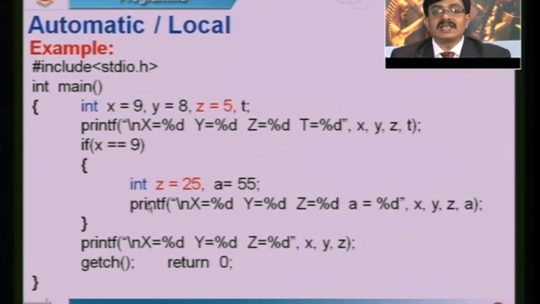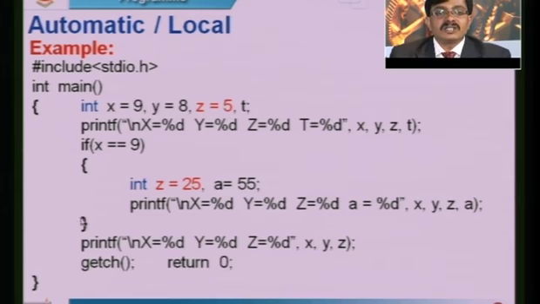This has higher priority than the block outside of it. I have also declared a variable a whose value is 55, so a will be printed as 55.